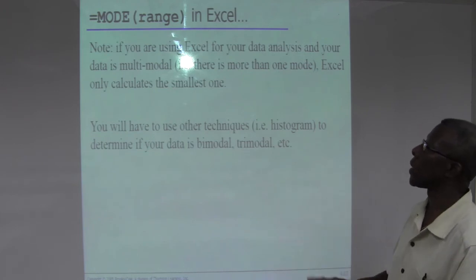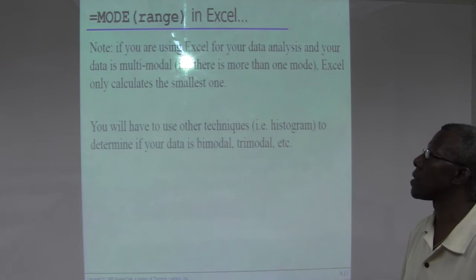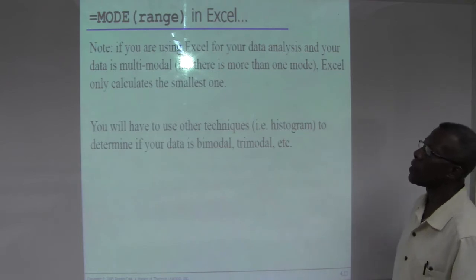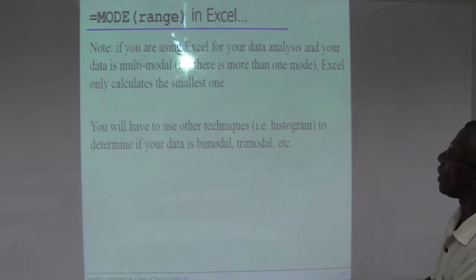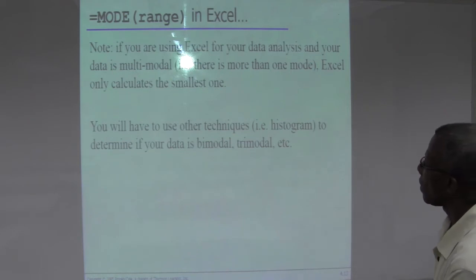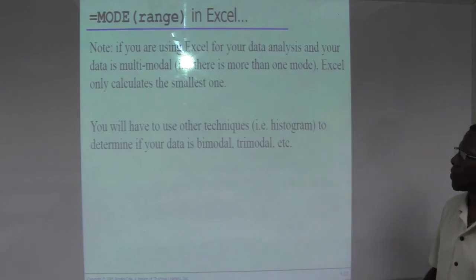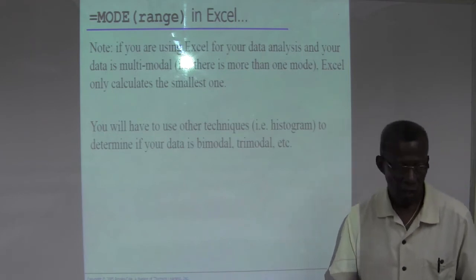You highlight the range and it gives you the mode, but what Excel is telling us is that if our data are multimodal and there's more than one mode, Excel only calculates the smallest mode. So you can apply other techniques, for example a histogram, to determine if the data is bimodal, trimodal, etc.